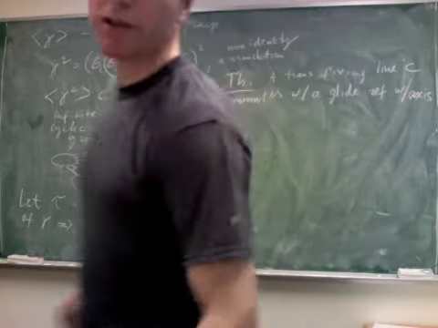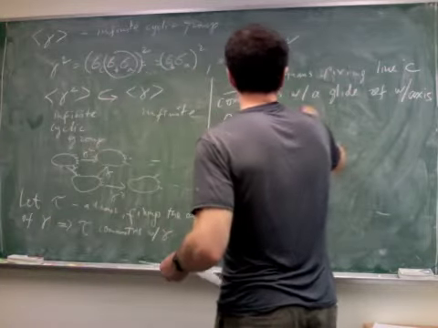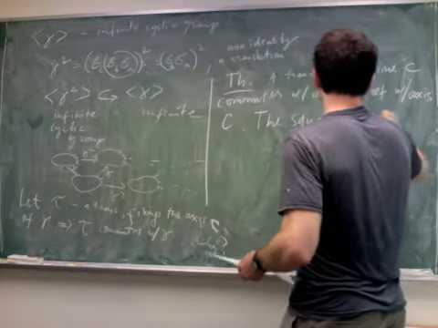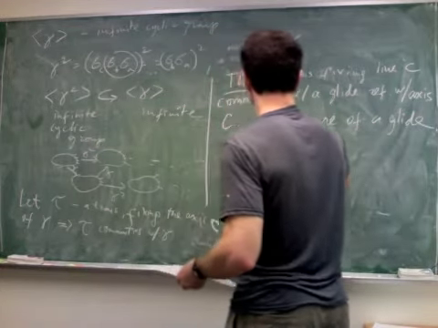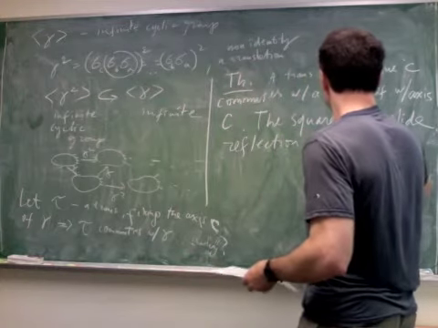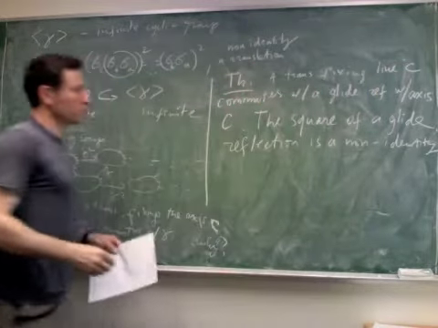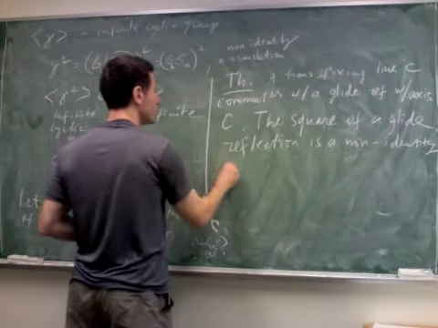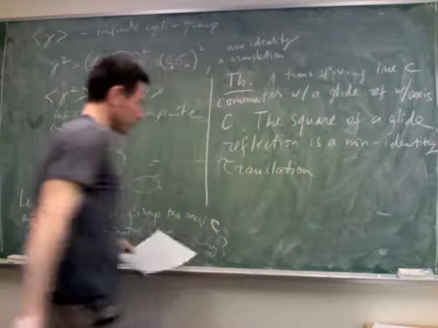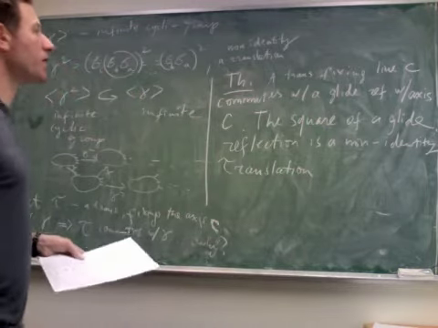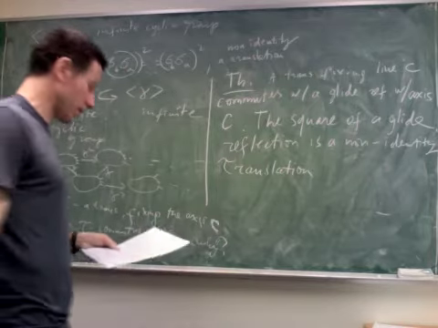Also, we have that the square of a glide reflection is a non-identity translation. And finally, we have that a group generated by any glide reflection is an infinite cyclic group.